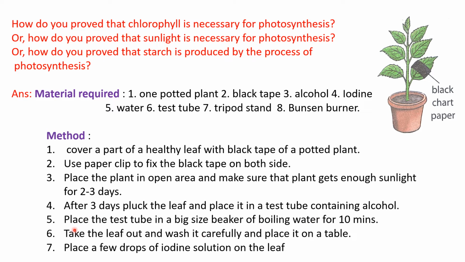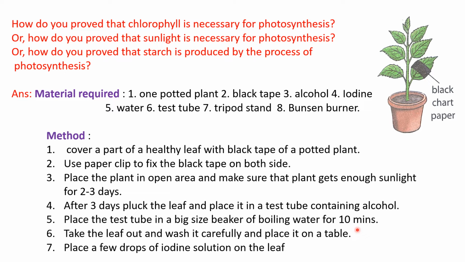Then place the test tube in a big beaker of boiling water for 10 minutes. Why are we not putting the alcohol containing the leaf directly on the Bunsen burner? Because alcohol will burn if it comes into contact with the fire.